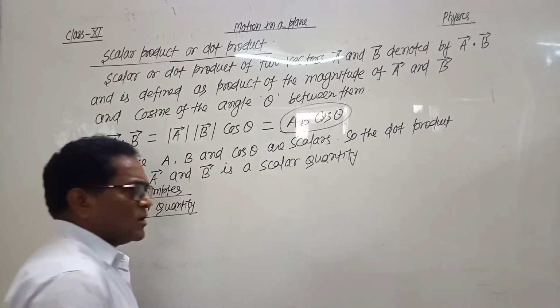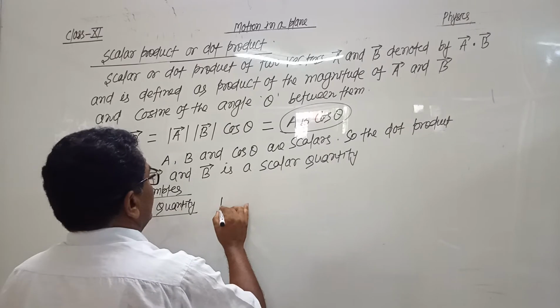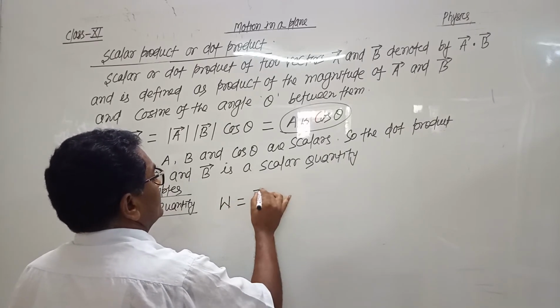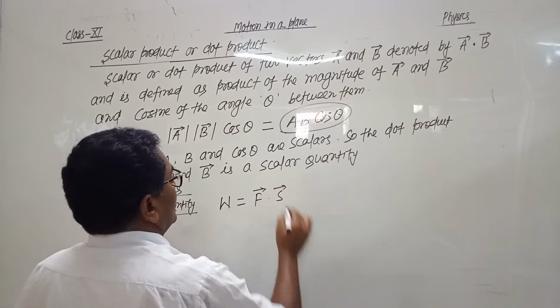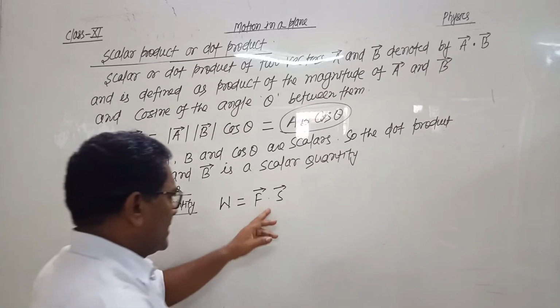We know force and displacement. Work done is defined by force and displacement. Here force is a vector quantity, displacement is a vector quantity, but work is a scalar quantity.